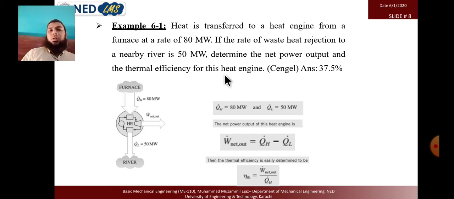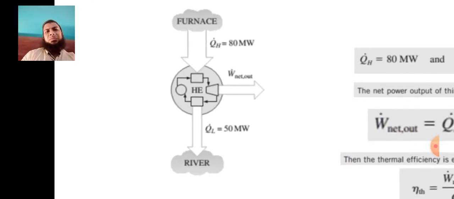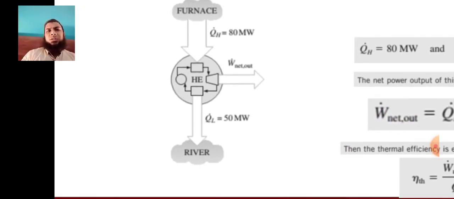Here we need to understand one more formula for the net work output. It derives simply in this way: we have 80 megawatt of total energy, and 50 megawatt is released to the river as a heat sink. When we subtract these two energies, we get the work output.